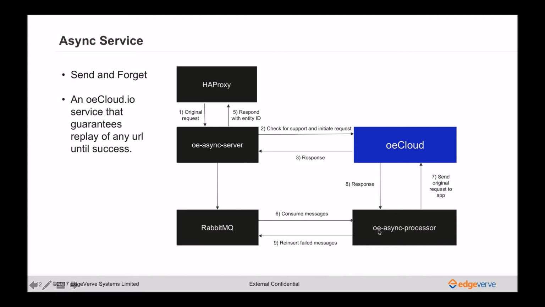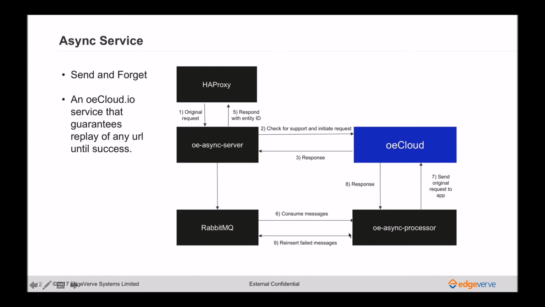If the response fails, it'll go back to the queue and go again, standard queue. When it succeeds, it won't go in the queue anymore, and at that point the client can keep checking. Eventually we'll see that it did succeed.